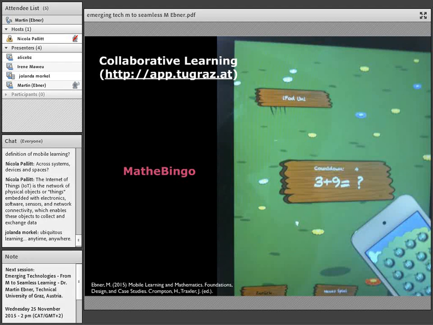The table is an iPad, and you can connect four different devices, iPhones, to this iPad, and each of these iPhones has a bingo card. The table, the iPad, shows you the calculation, in this case 3 plus 9, and then I can look at my iPhone and see if the number is on the bingo card, and I am playing bingo, of course, with other players. This is a connection through devices. So we are connecting devices to each other to make new learning scenarios possible.